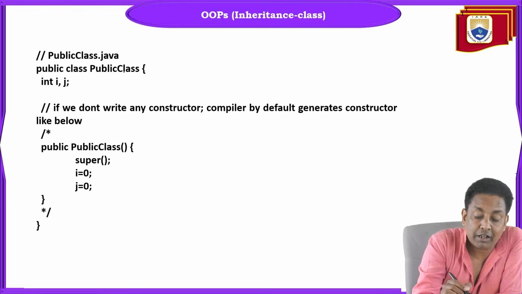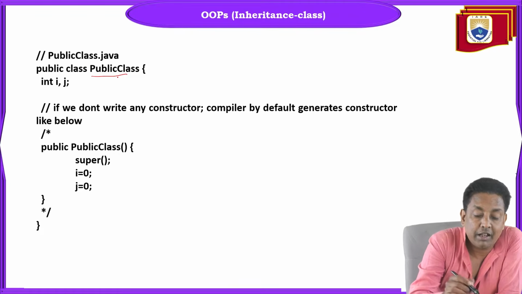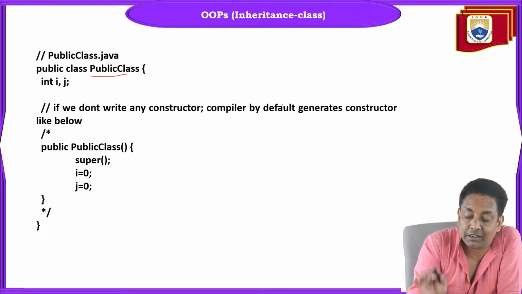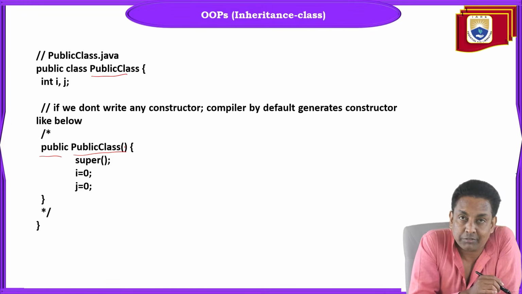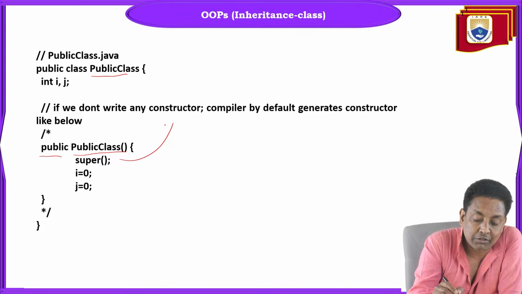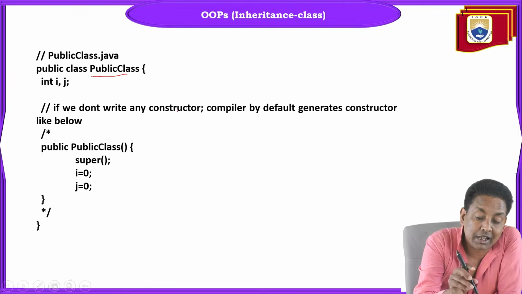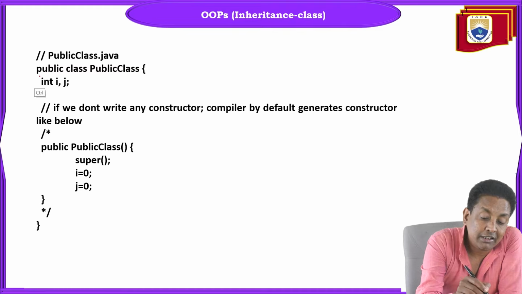Suppose your class is public with int i and j, and you don't write any constructor, the compiler by default generates one public, no parameter constructor. From here also the superclass constructor will be called and i and j instance variables are initialized with 0. Based on the class access specifier, the generated default constructor's access specifier also depends on that.